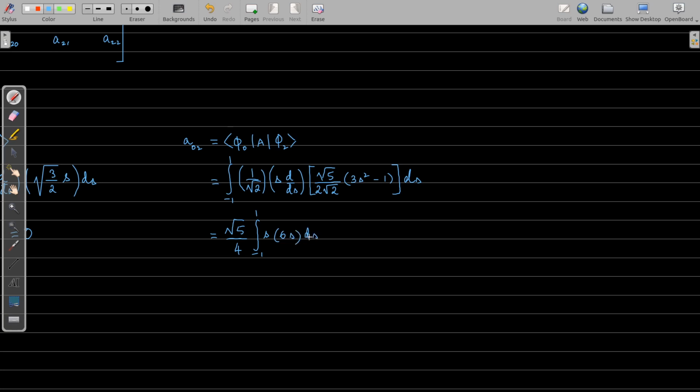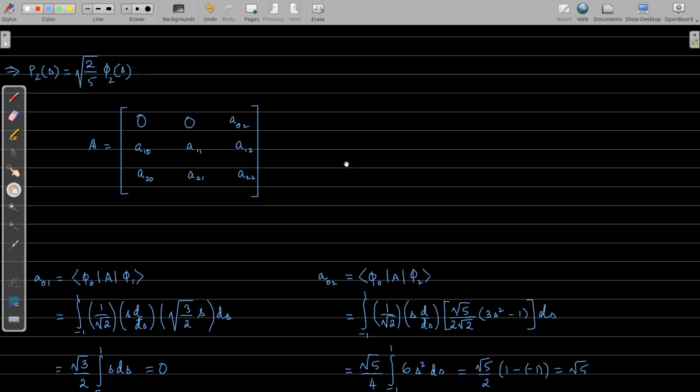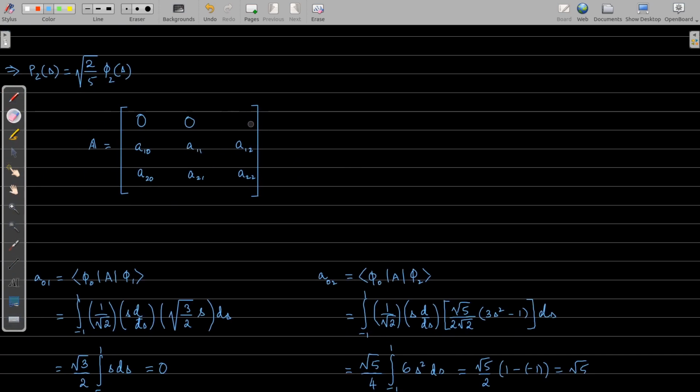So this is going to give us 6s square into ds. And when you integrate this and find out the result, you will get it to be equal to root over 5 by 2 into 1 minus -1, which is going to give us root over 5. So a02 is going to be root over 5.